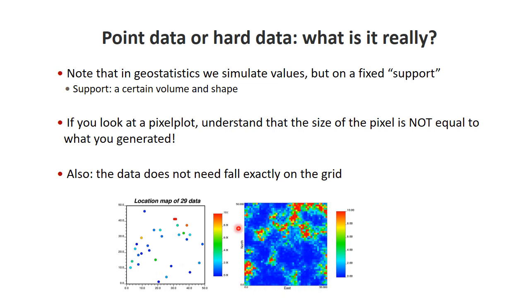But when we make the map at the end, whether it's a kriging map or a simulation map, the pixel plot upscales these individual simulations to a larger grid cell, which could easily be, say, 100 meters by 100 meters. And that's not really what's happening in geostatistics. I'd like to spend a little more time explaining that because it's a standard confusion.